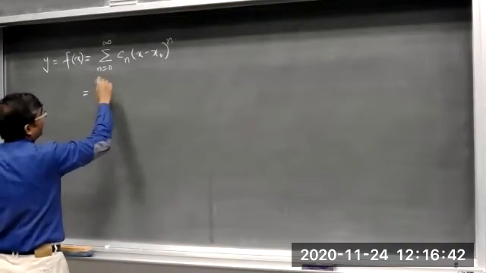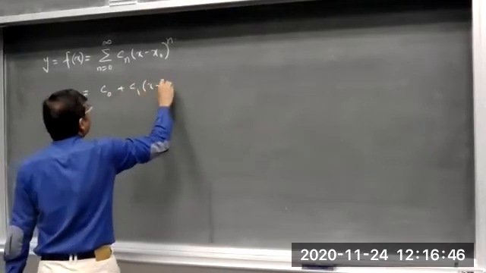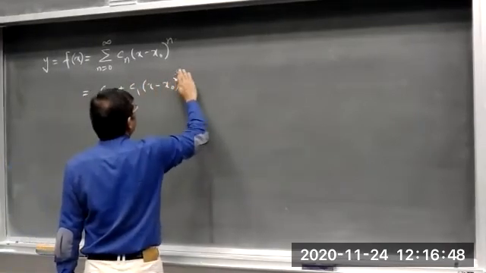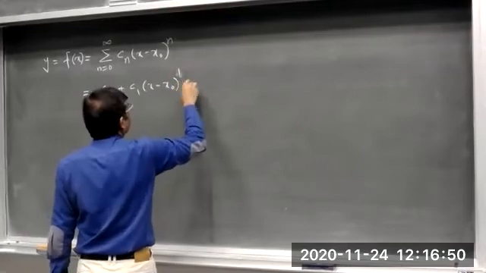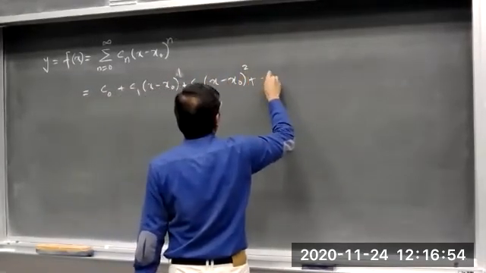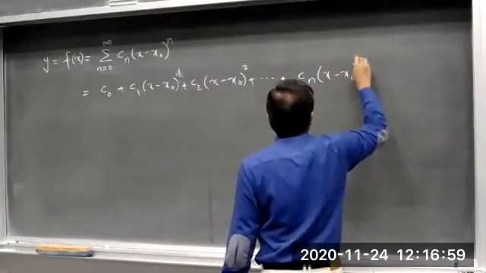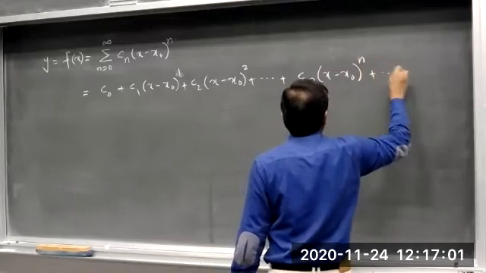So if we open this, it becomes c naught plus c1 (x minus x naught) raised to power 1 plus c2 (x minus x naught) raised to power 2 plus so on plus c_n (x minus x naught) raised to power n plus so on.